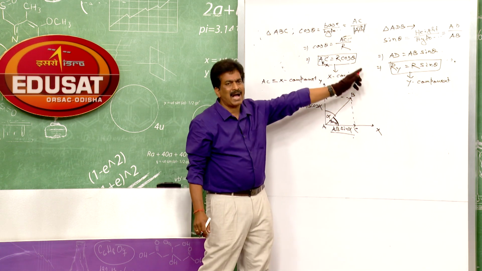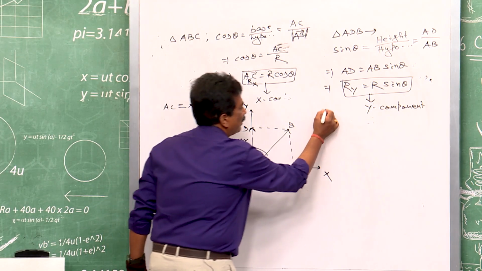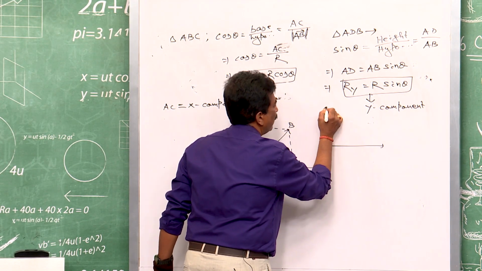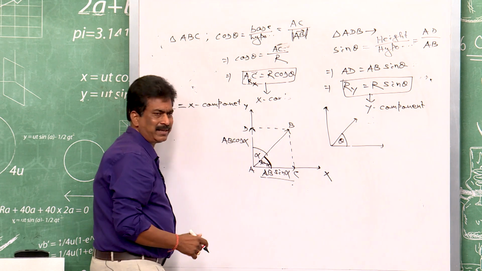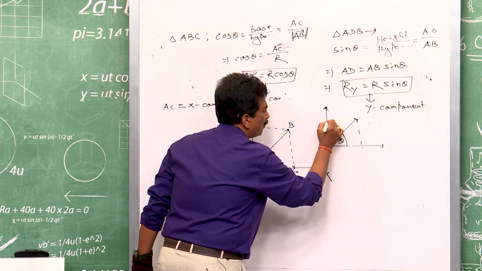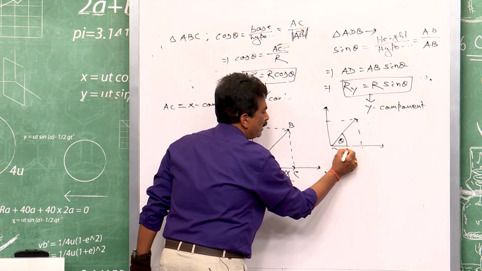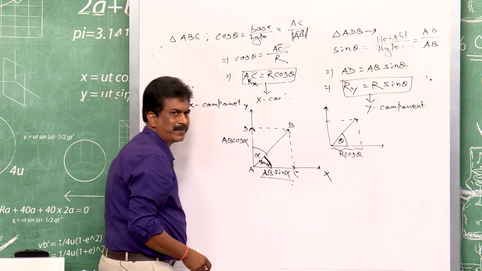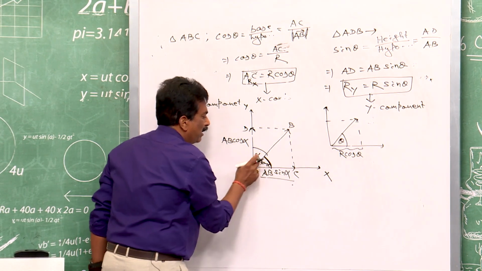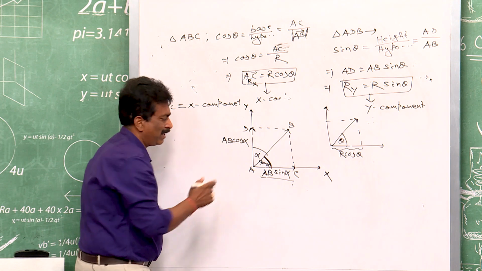If we go to the earlier figure, this is the vector, it makes the angle theta, and this is its component. This component is r cos theta. Instead of theta, here we have taken the angle as alpha.